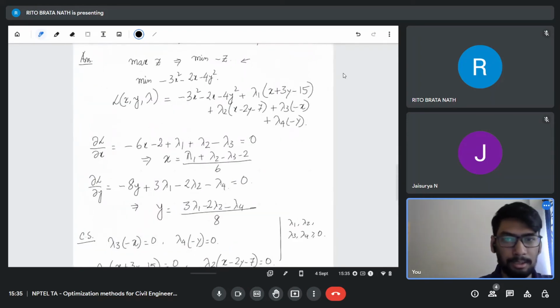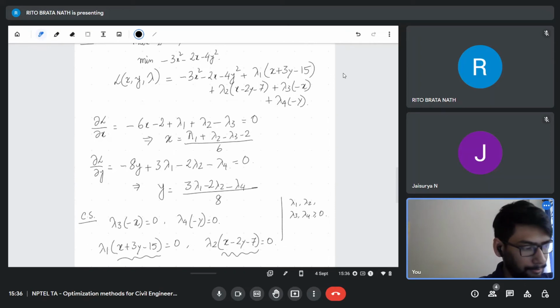That's probably the reason that I can find out. So this is all about this problem. The rest of the problem, I think you can complete just by looking at those conditions that I have talked about. And this is the typical way of solving such problems. And the key difference from the equality constraint part is that these lambdas have to be non-negative.